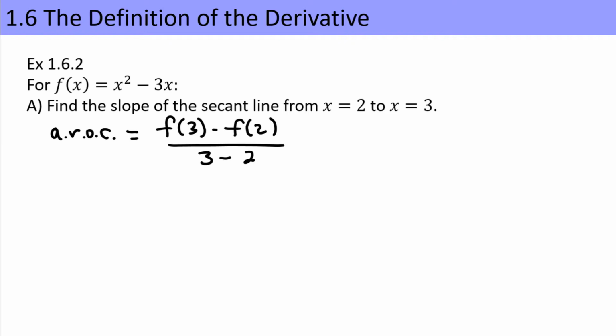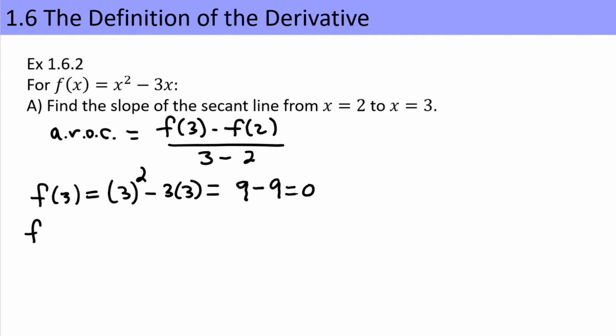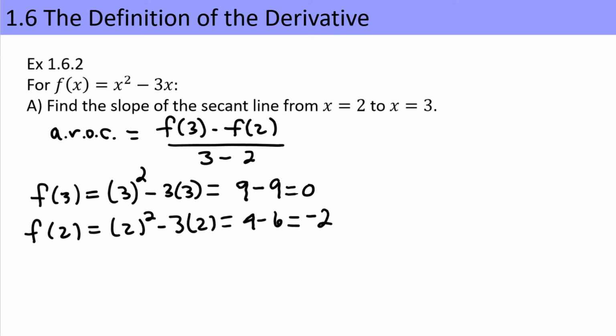Let's evaluate the function at each of the x values. At f(3), we would have 3² − 3·3, which turns out to be 9 − 9, or 0. And for f(2), we will have 2² − 3·2, which would be 4 − 6, which is −2.